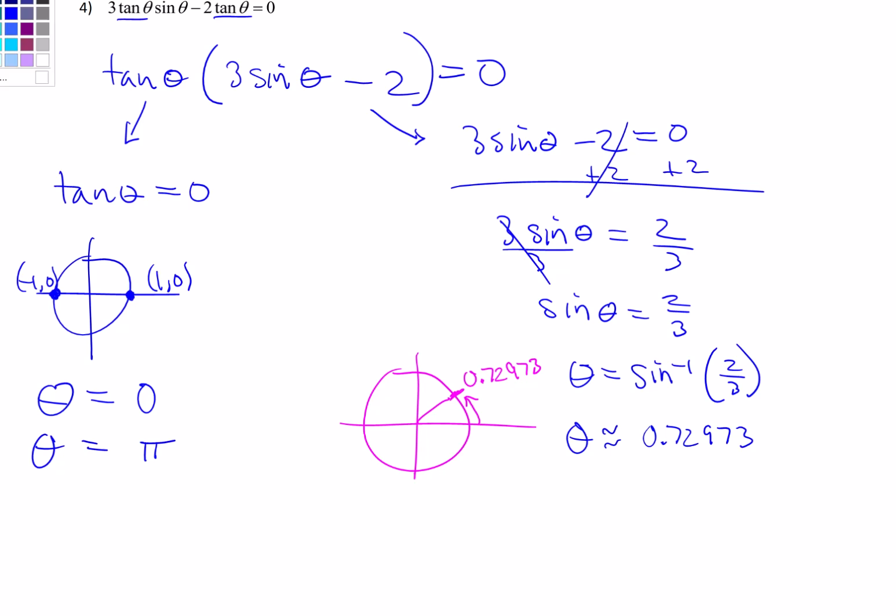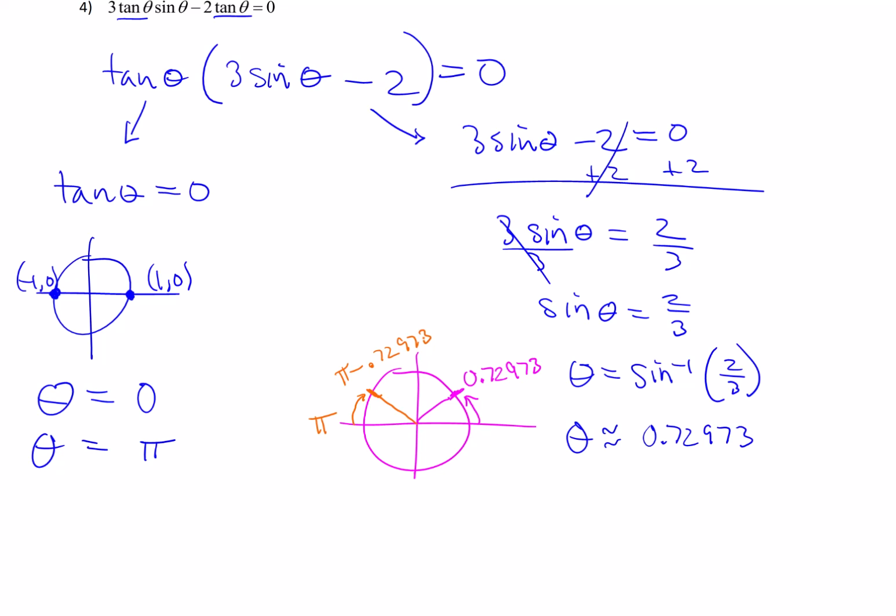For sine, remember, you would get a symmetrically equivalent value in quadrant 2. If we start on the left side, which of course is pi, according to our unit circle, then we rotate clockwise up to the symmetrical place for this angle, which is a distance of what we already got, the 0.72973. That means this other place would be pi minus 0.72973.